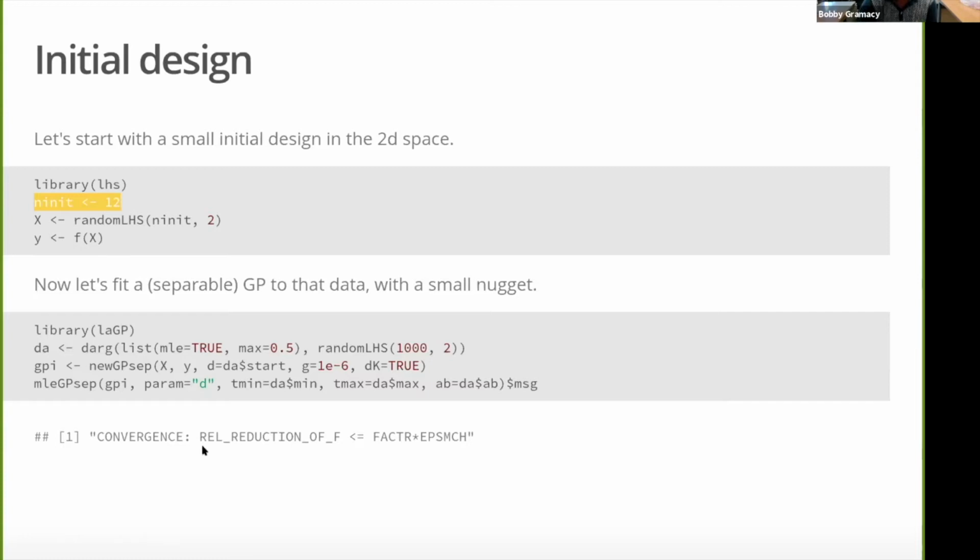And what are those inputs going to be? They're going to be random. They're not going to be completely random. I don't want to get into what an LHS is, but for right now, let's just assume that it's random. So I'm going to take some random inputs, X, 12 of them, and evaluate my function at those 12 inputs.